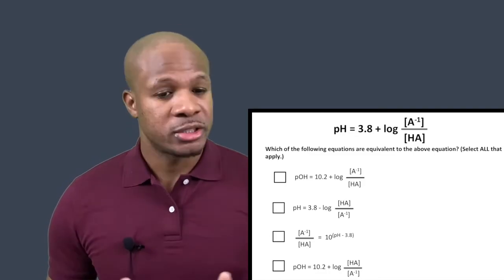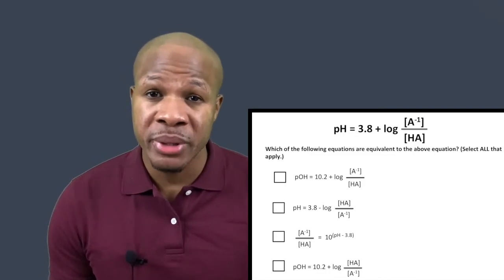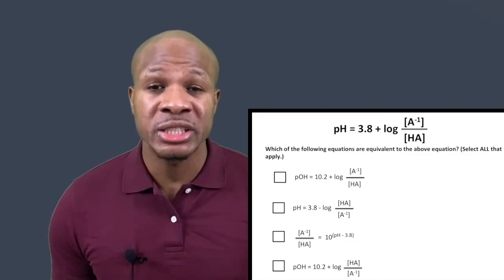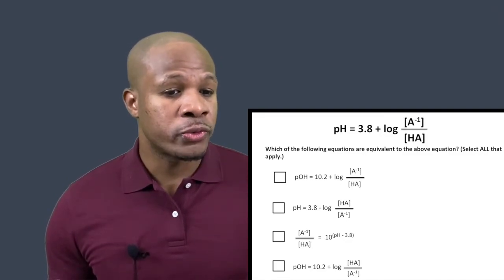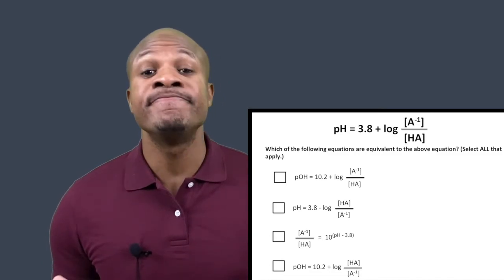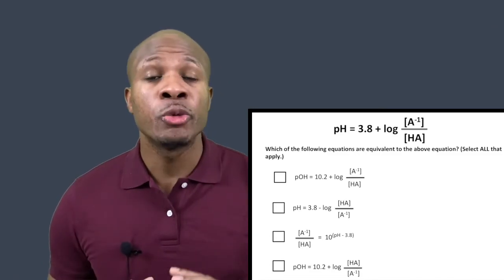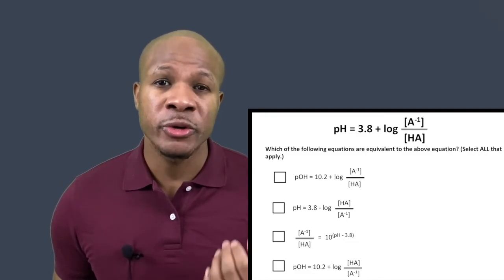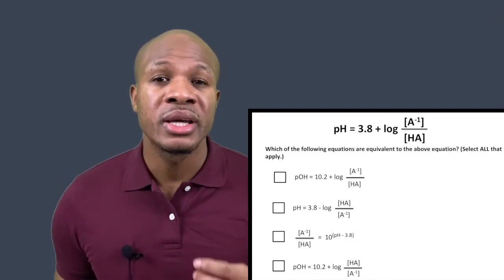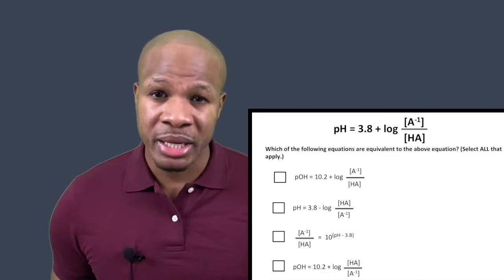So far so good. So pOH should be equal to pKb, which would be 10.2, that's correct, plus the log of the conjugate base over the acid. That's incorrect, right? You want to flip the ratio of the conjugate base and the acid. So it should be plus the log of the acid divided by the conjugate base.